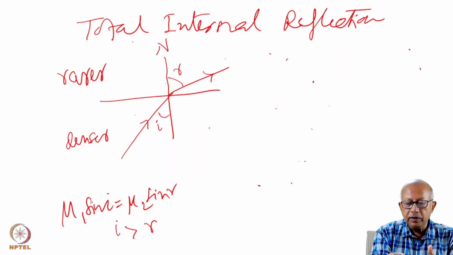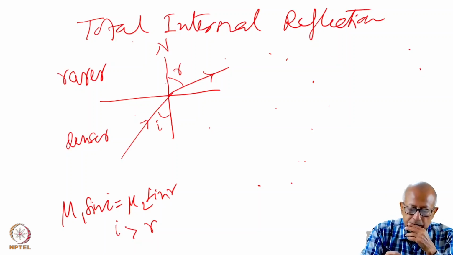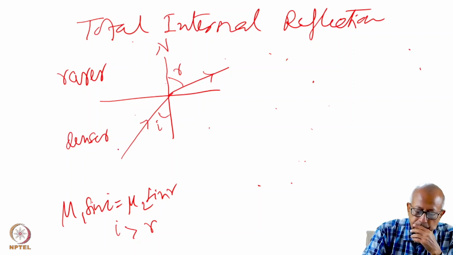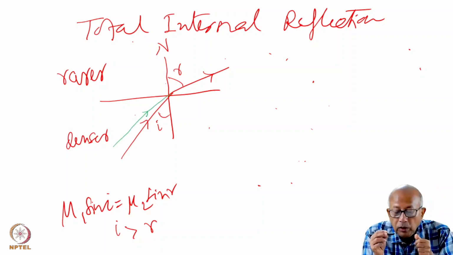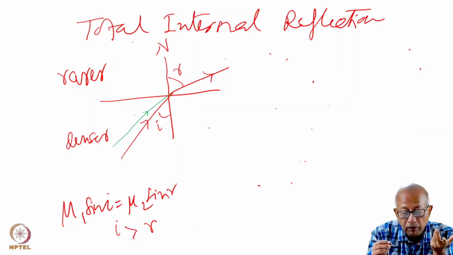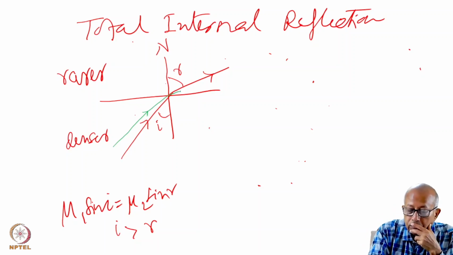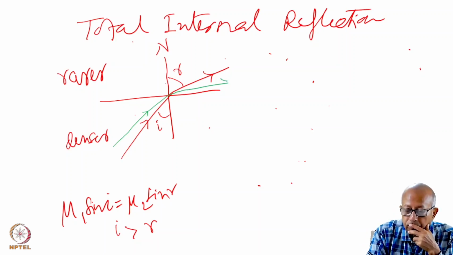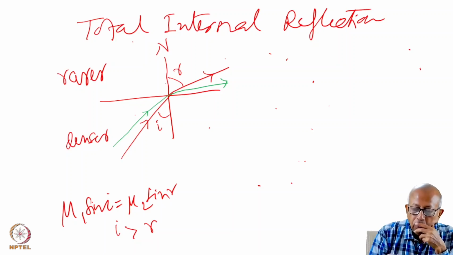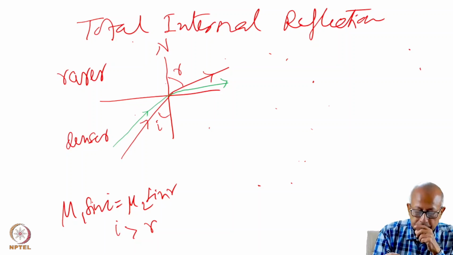Now let us increase this angle of incidence. So we now increase the angle of incidence. So now what will happen? The angle of refraction will further increase. We increase it even further.